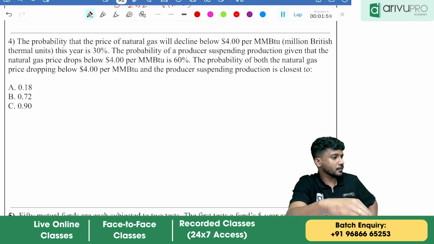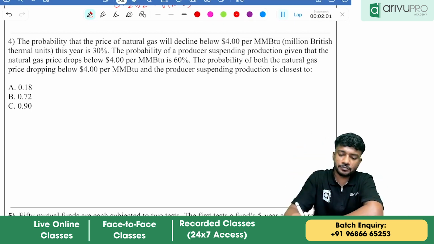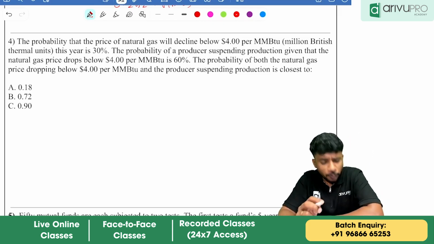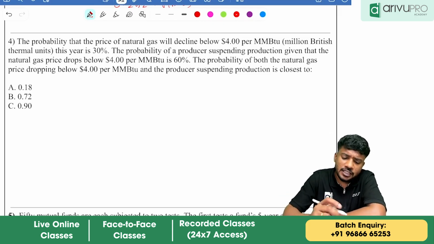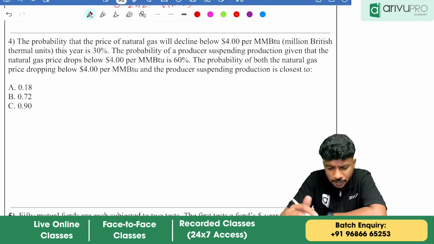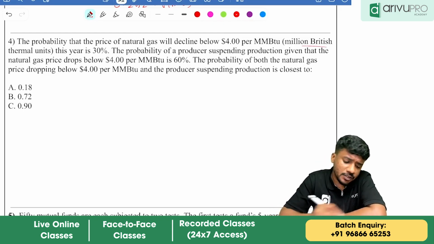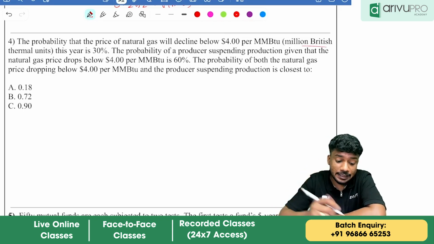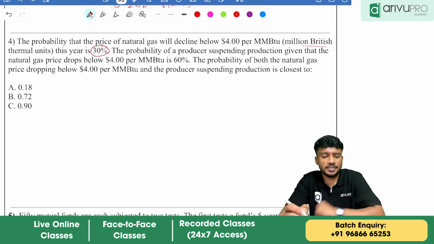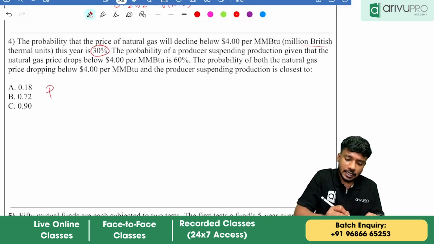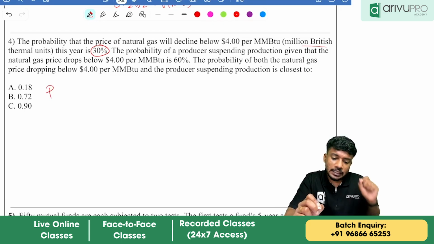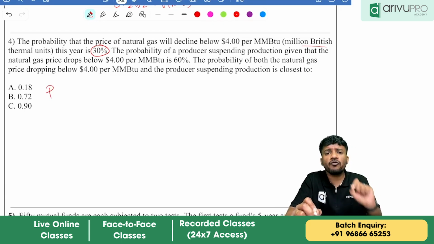Can I try? Yes. So here, the probability that the price of natural gas will decline below $4 per MMBTU, that is million British thermal units, this year is 30%. So what is given? Probability that the natural gas will go below $4 is how much? 30%.